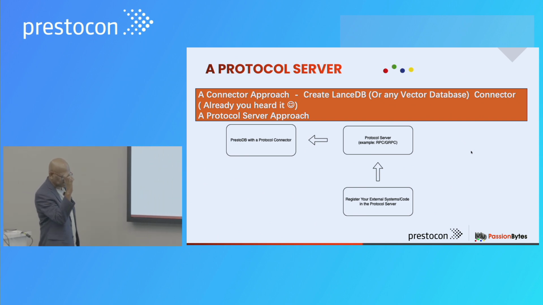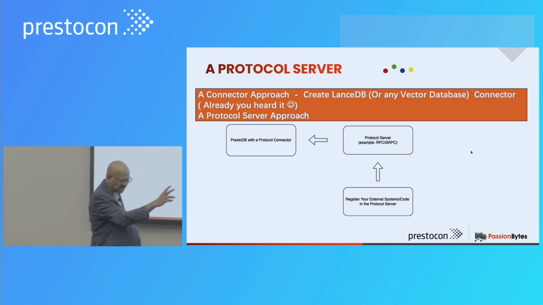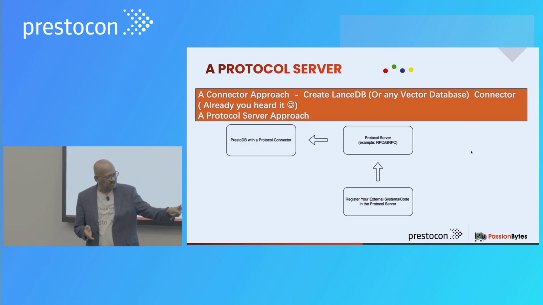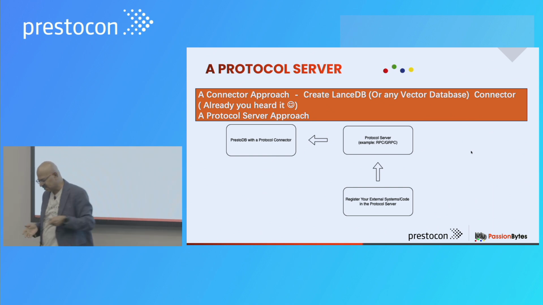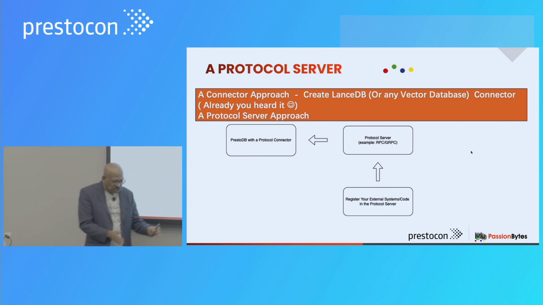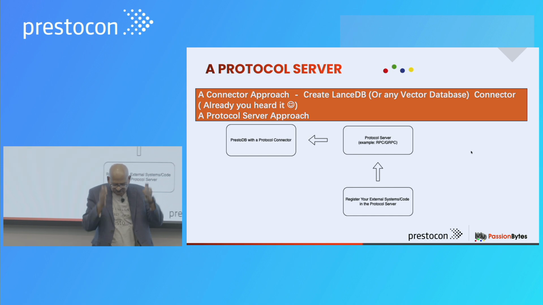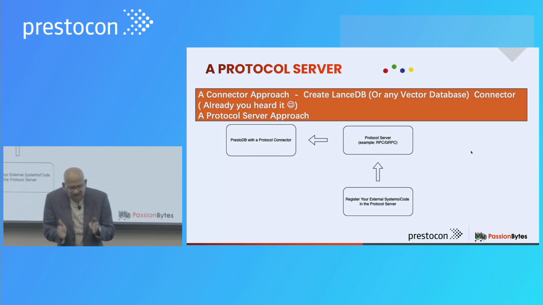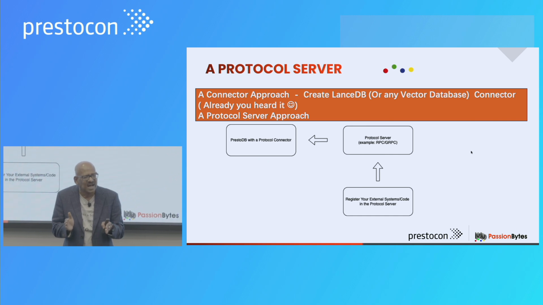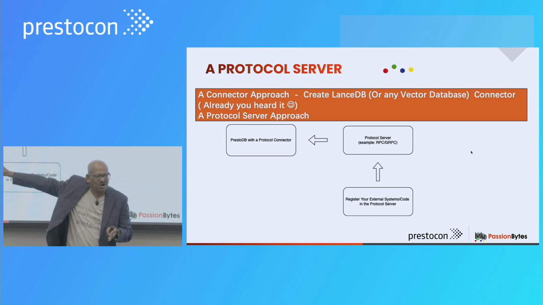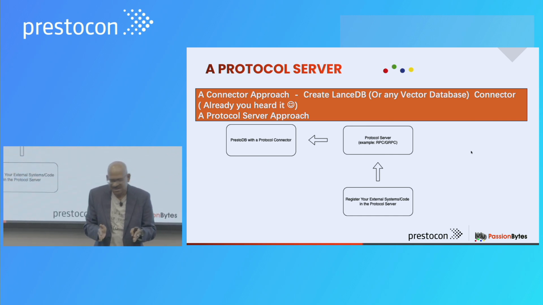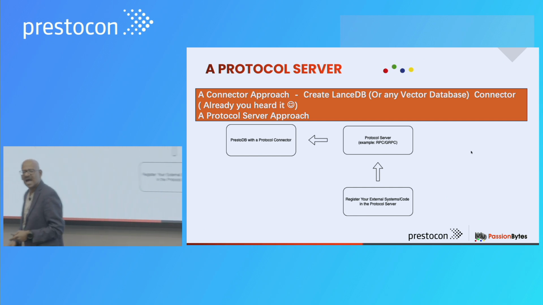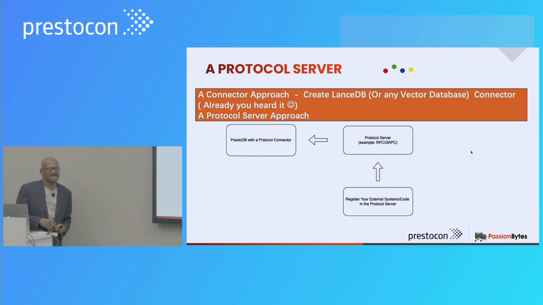That Arrow Flight server will be running in a separate runtime, and from Presto, create a gRPC Arrow Flight connector so that your code, whether it is written in C, C++, Ruby, Python, that code will be running on its own runtime, not related with the Presto at all. It is running standalone, and Presto is here. You are going to connect it using the Arrow Flight server protocol.